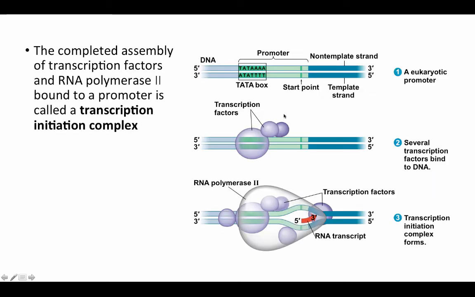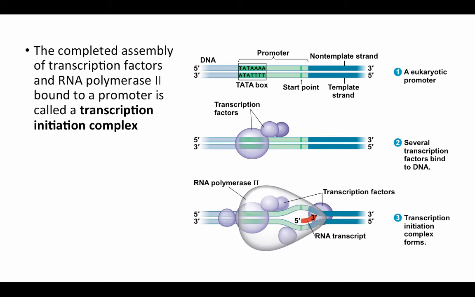So in this figure we see the assembly of these transcription factors. First we find transcription factors binding to the promoter region, and the binding of these transcription factors is going to facilitate the binding of the RNA polymerase enzyme. And once the assembly of these transcription factors and the RNA polymerase II is complete, we refer to this as a transcription initiation complex.